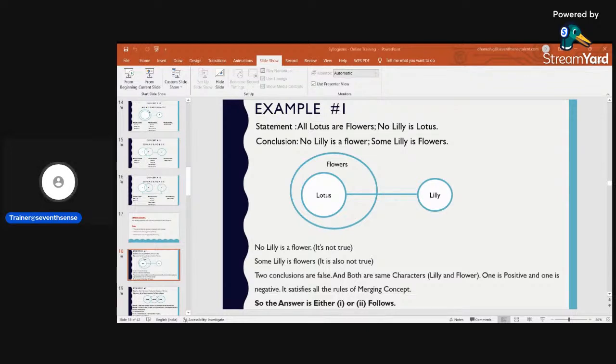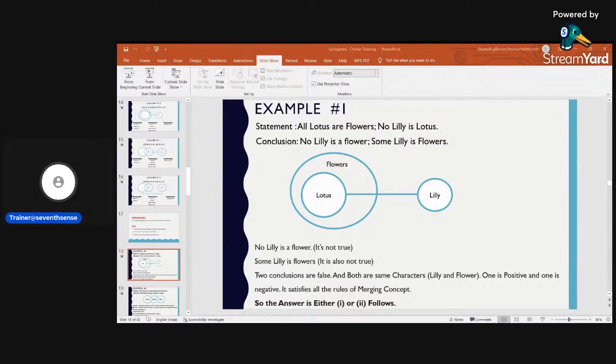So statues will be connected with cameras and cameras will be connected with radios. Before checking whether the conclusion is true or false, let's apply the merging concept and we can directly say the answer is either one or two, right? So this is a possibility diagram.